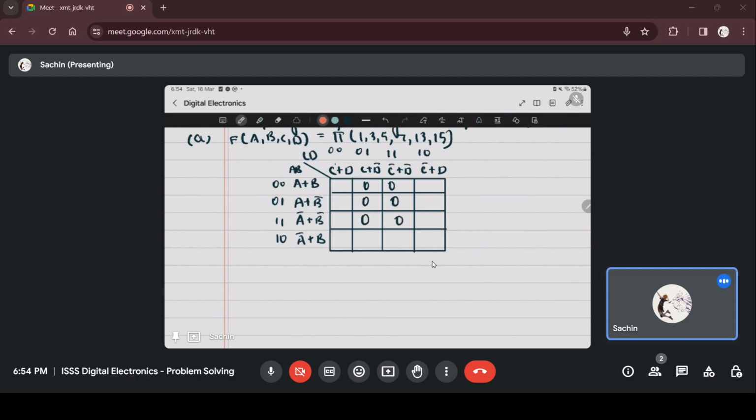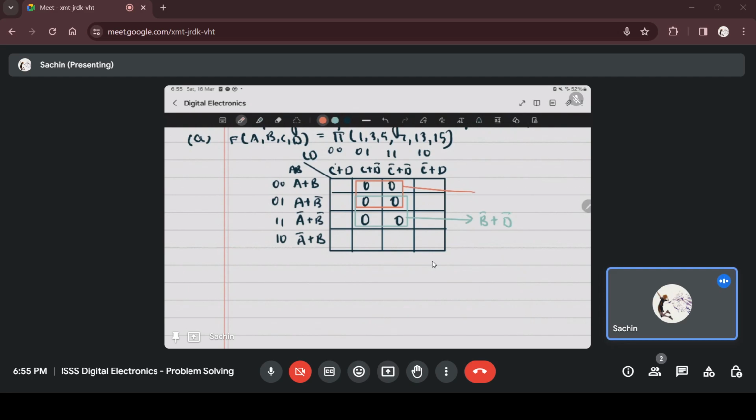You can form two quads like that, like that. This quad is the term B prime plus D prime.